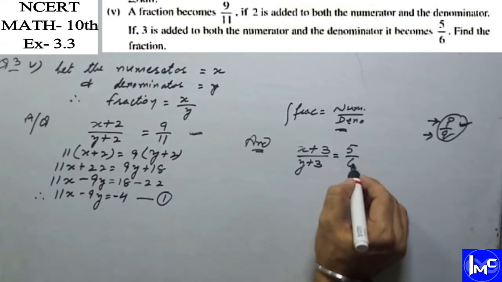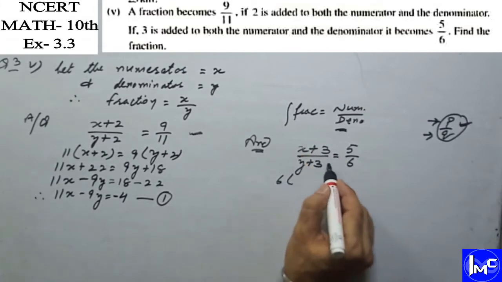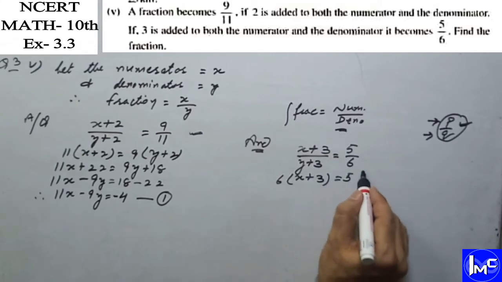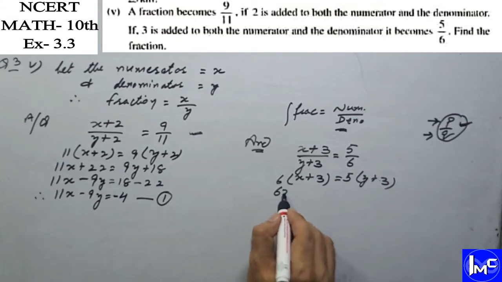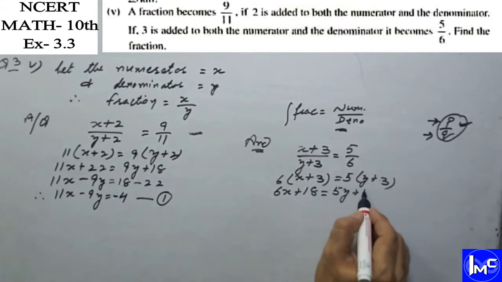The fraction becomes 5 by 6. Again we will simplify it. That will be 6 multiplied with x plus 3 and 5 with y plus 3.